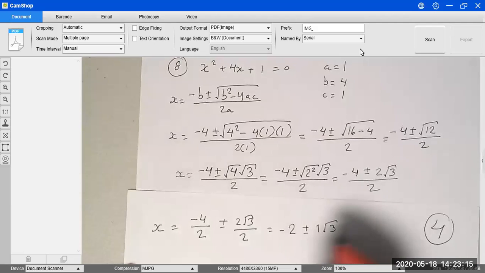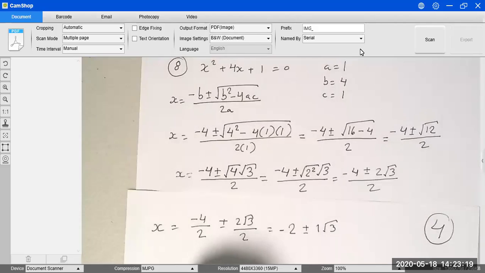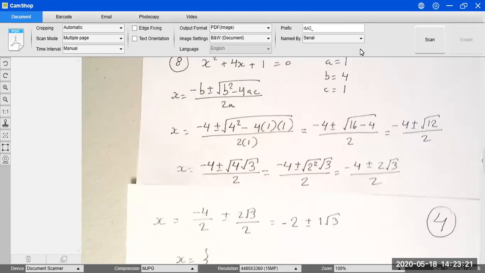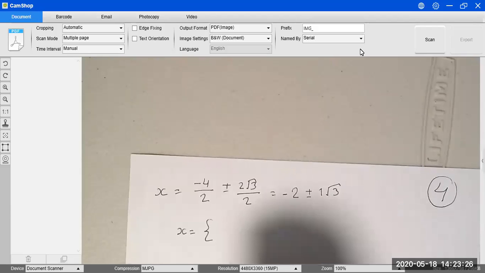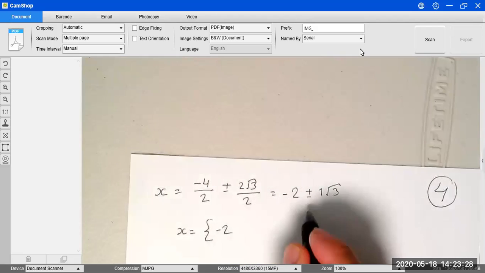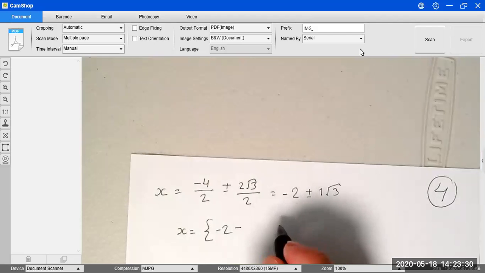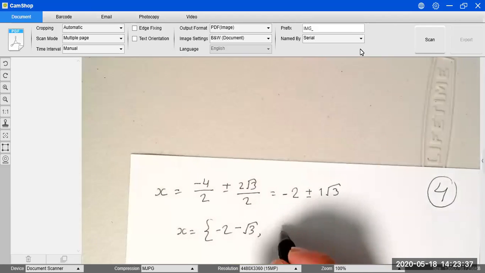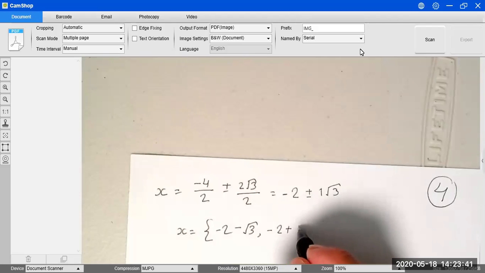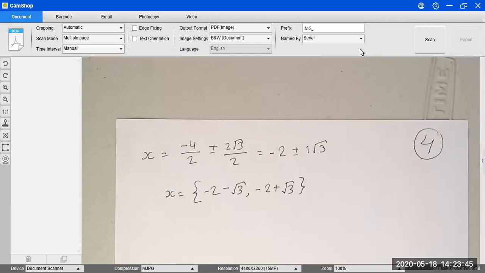So finally, you can just write the answer in this way, or you can enumerate the solutions. So we have the first one is negative 2 minus 1 times the square root of 3. You can write just in this way. You don't need to write the 1. And the other one is going to be negative 2 plus the square root of 3. So this is the solution for problem 8.